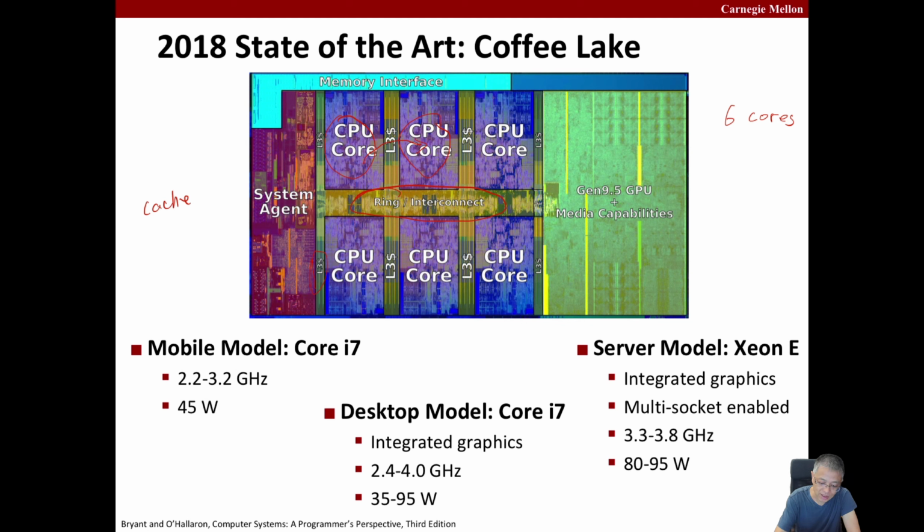So there is a lot of data exchange between those CPU cores. This is why it's important to have a very fast interconnect between CPU cores. So there is also a GPU in the CPU. This is called the iGPU, integrated GPU.